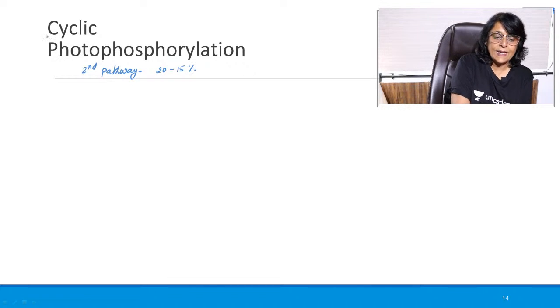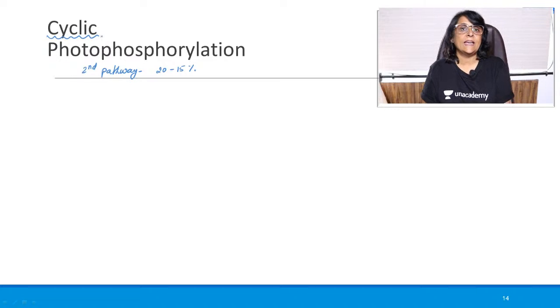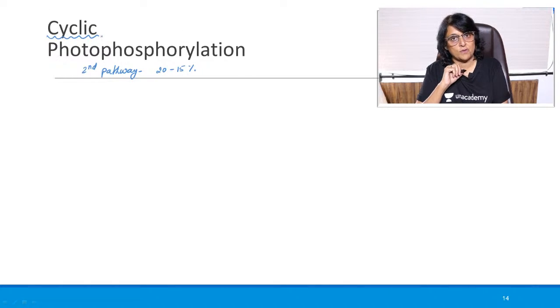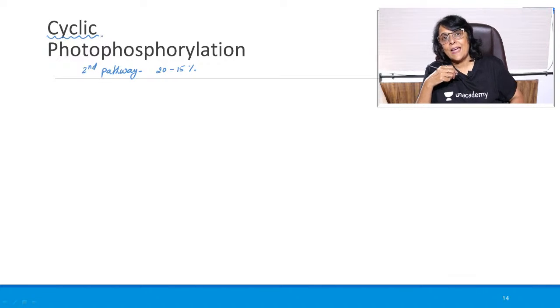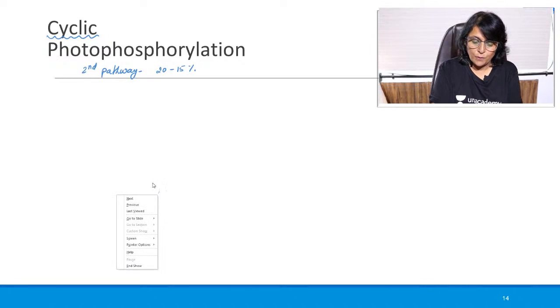Now, as the name is cyclic, what indication does it give us? Why did we call the earlier pathway non-cyclic? The reason was the electron pair which is lost from a photosystem never comes back to the same photosystem. And when we are saying cyclic, the hint is that the electron which is lost from that particular photosystem must be coming back to the photosystem.